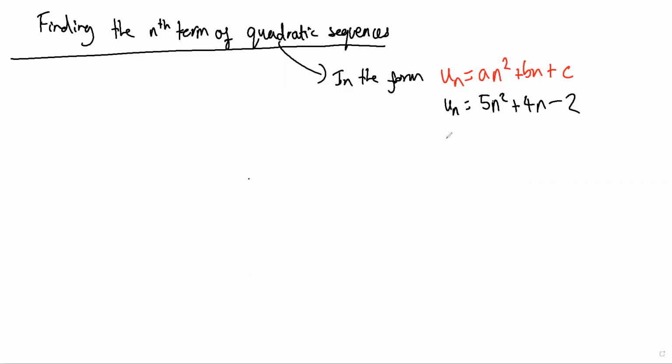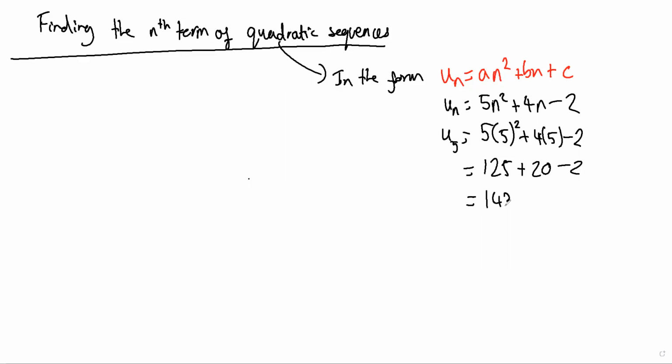And then, for example, if we put in u5, that'll be the value of the sequence at term 5, and then we just substitute 5 into here. 5 squared is 25, times 5 is 125, plus 20 minus 2. That'll be 143, for example.